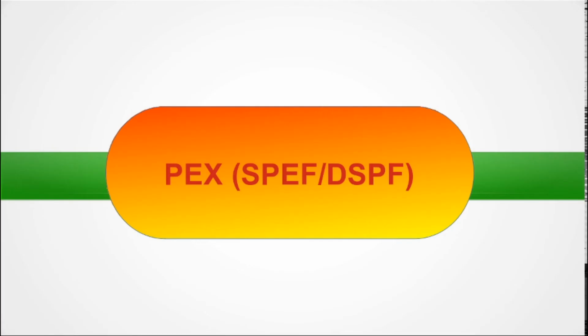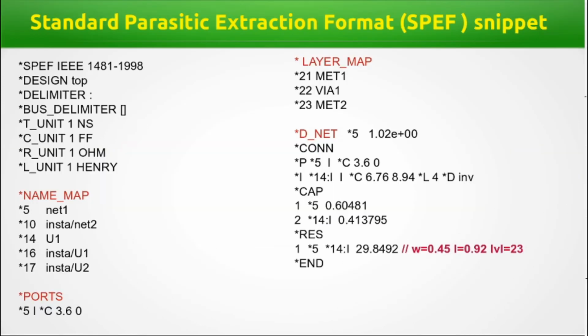So we just discussed the general methodology, and now let's look into the SPEF and DSPF, the similarities and the dissimilarities. So here is a short snippet of a SPEF. A SPEF contains a header section, then a name map section. So these nets are numbers, and you can see the hierarchies are also here.